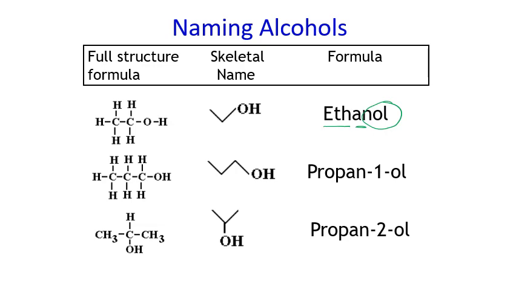Whereas here we have 2 structural isomers, because the OH can go either on the first or second carbon. Again, you're prioritizing the -ol group onto the lowest number.